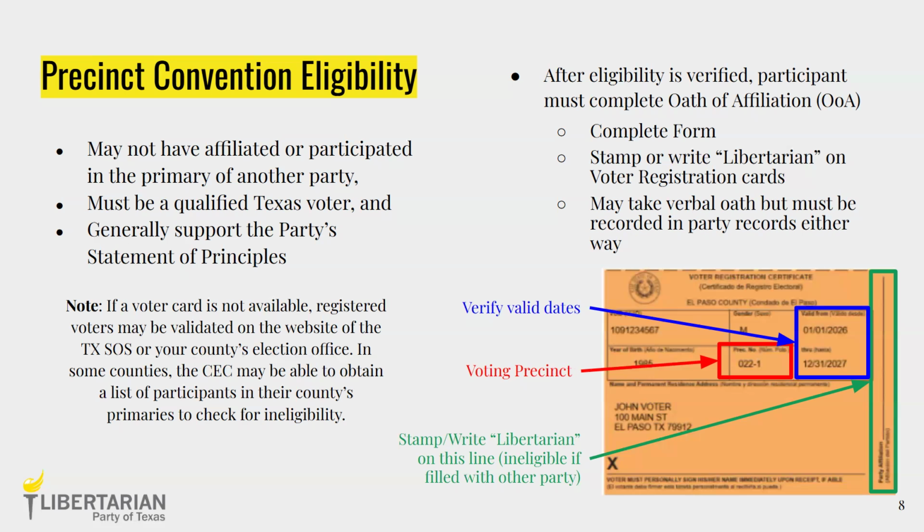I usually bring a laptop with me to both my precinct and county conventions, or a tablet. I highly recommend doing that, because sometimes it's easier than looking things up on your phone. You can go to your county elections page to look up their information. They'll just need to provide maybe their name, date of birth, or address. So someone showing up without a voter registration card isn't ineligible. You'll just need a means of electronically looking that up.